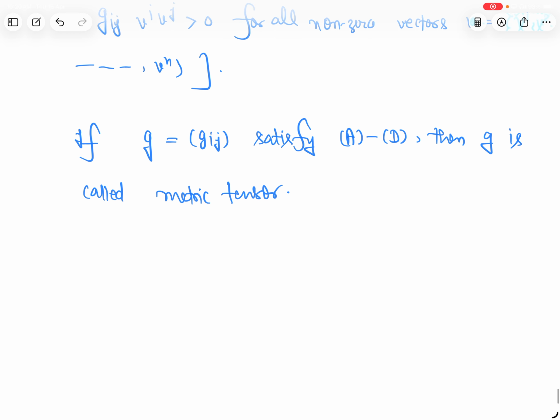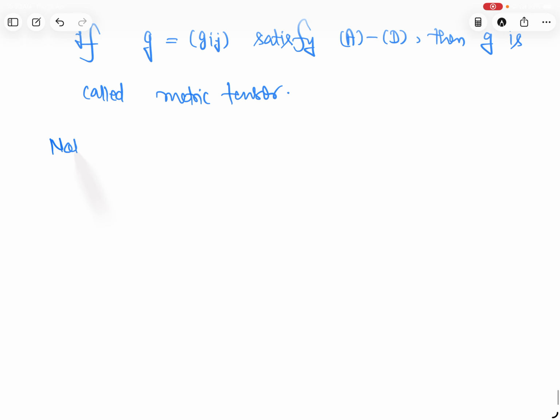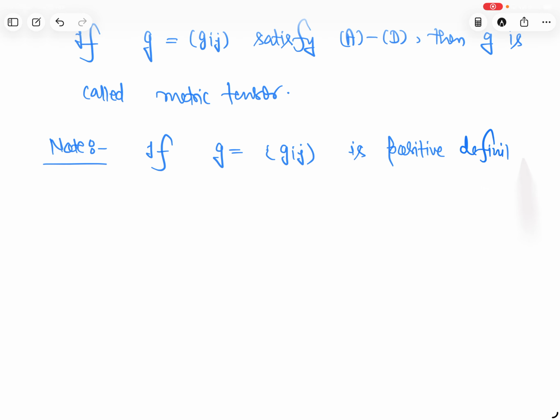Okay. One important fact is that if G equal to Gij is positive definite, then G1, G2, up to Gn are positive.